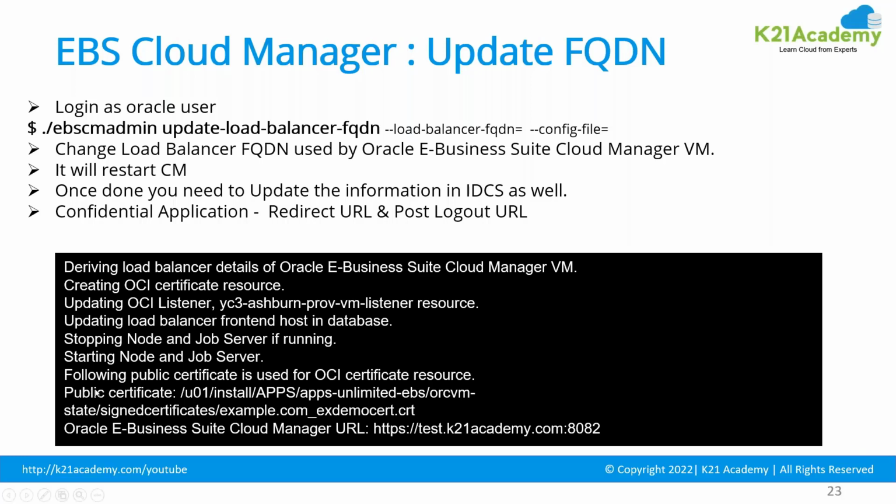So you see here I have updated it and have put it as test.k21academy.com 8082. Okay, so 8081 is the port which it uses internally. So I have changed that to 8082, along with test.k21academy.com. So from now onwards, I will be accessing my cloud manager with this URL. So if that configuration is required, you can do it with the EBS CM admin.